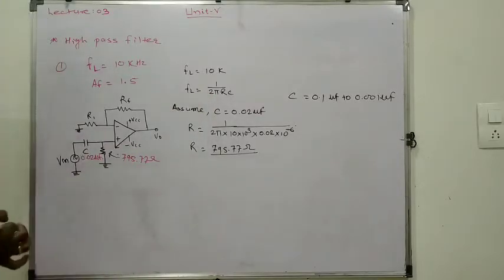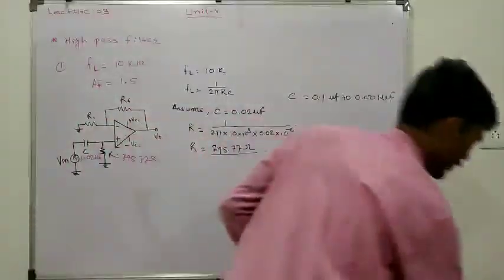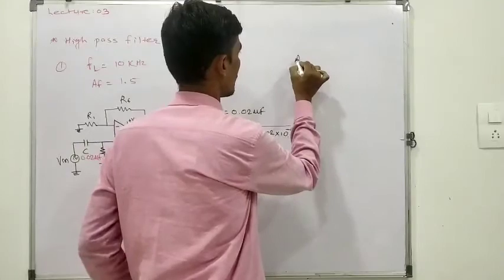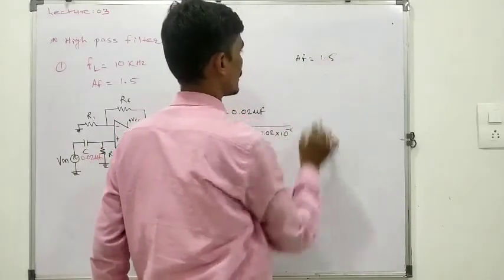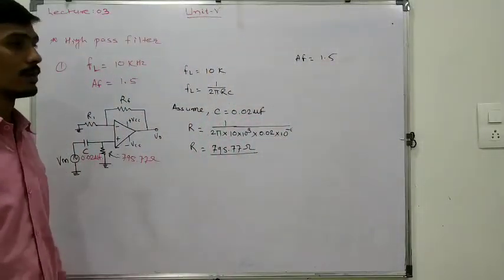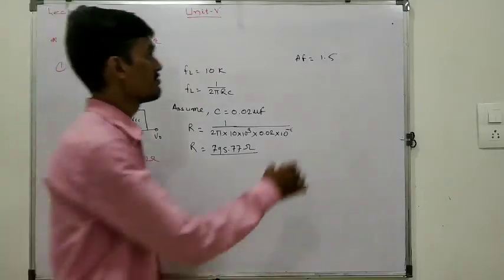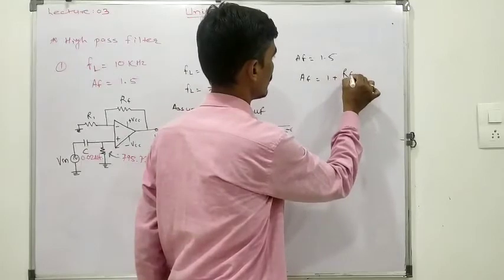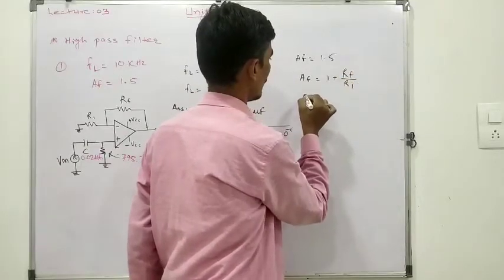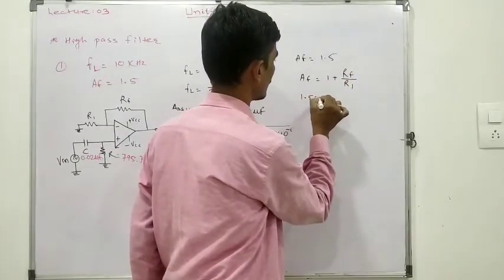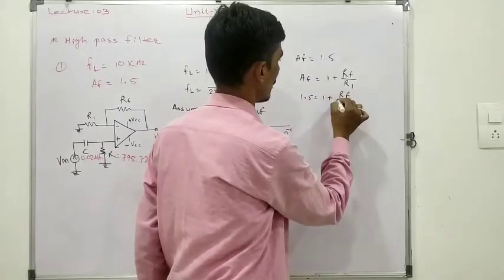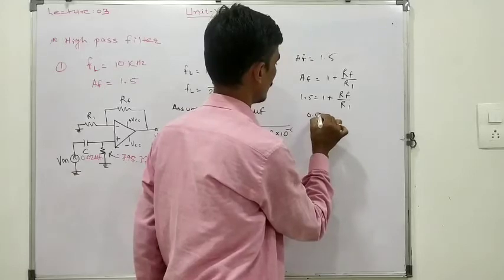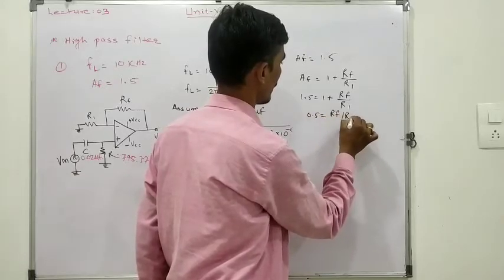Next, the gain is mentioned in the problem. The gain AF is equal to 1.5. We know the formula for the gain: AF is equal to 1 plus RF by R1. So 1.5 is equal to 1 plus RF by R1, so 0.5 is equal to RF by R1.